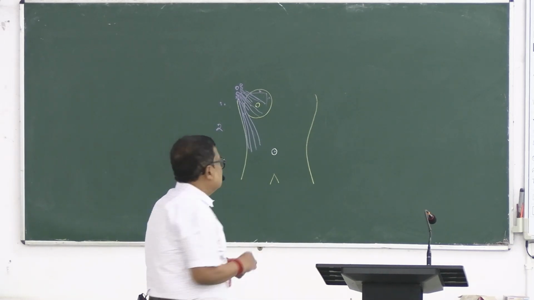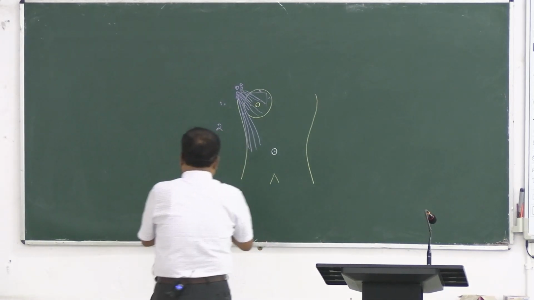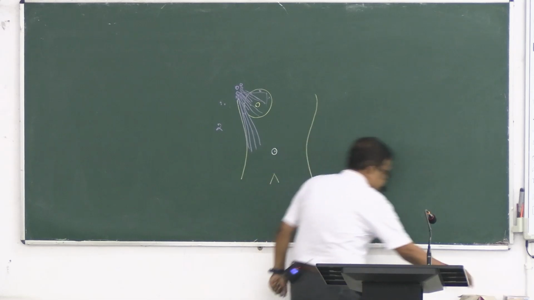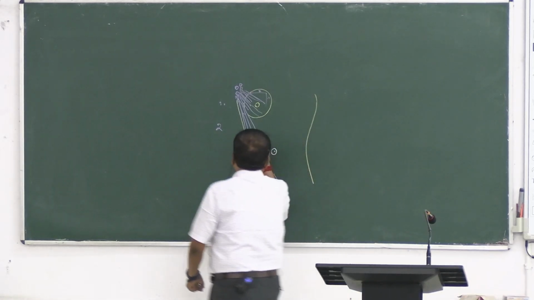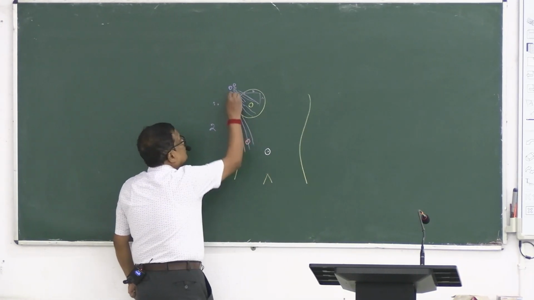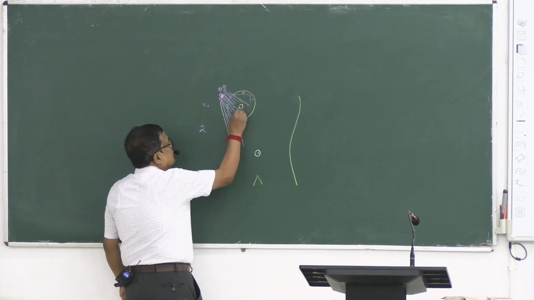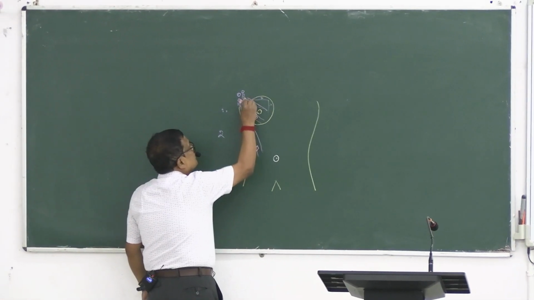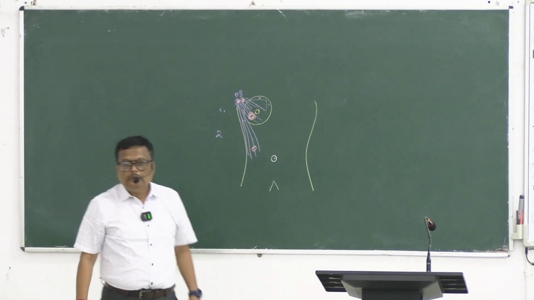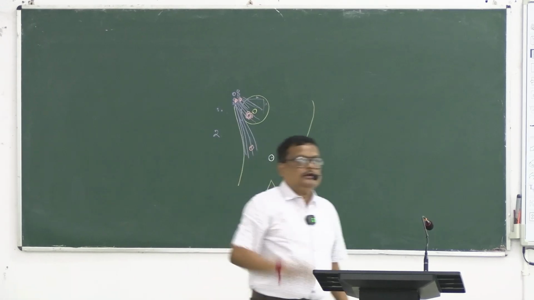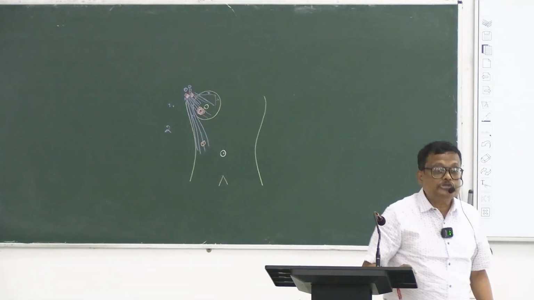So if there is an infection or cancer in the skin, these lymph nodes will be involved. Not only that, it helps in the diagnosis, it also has prognostic value.